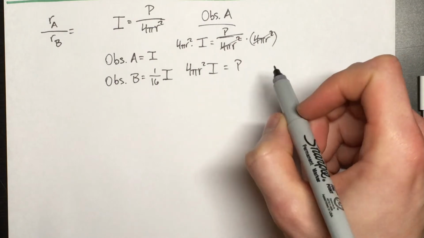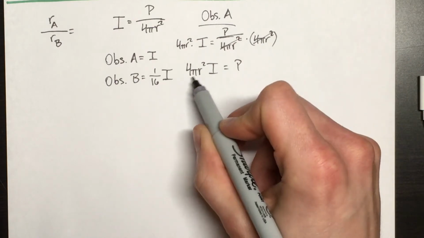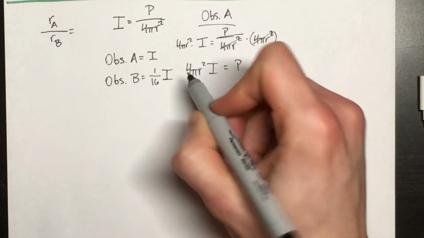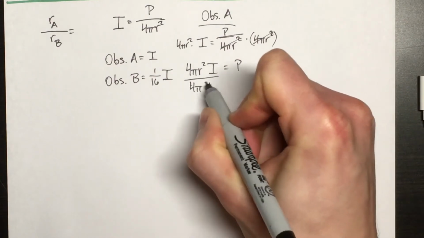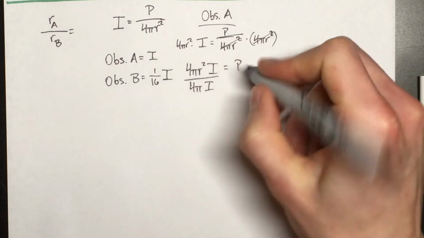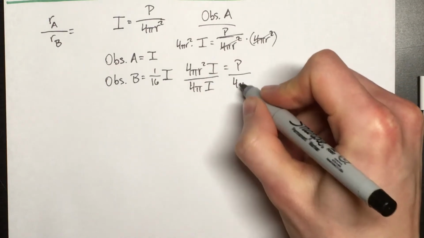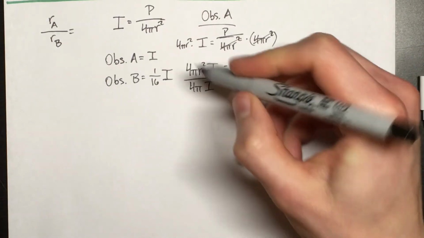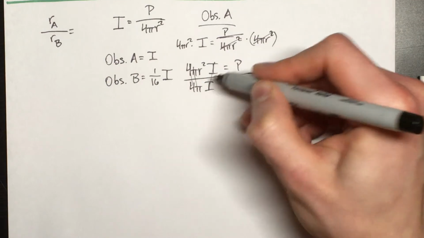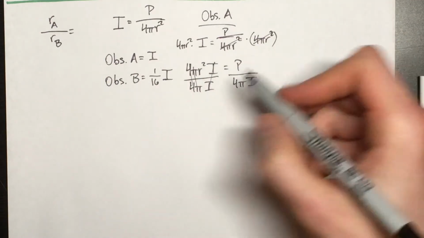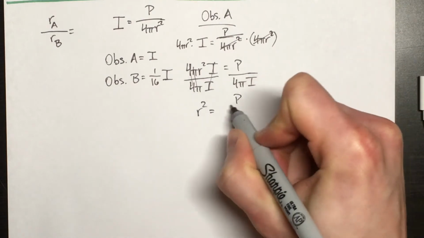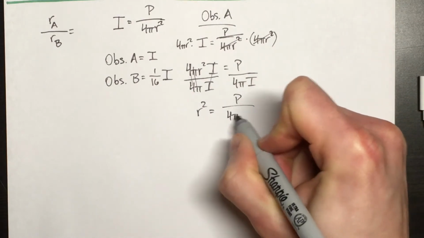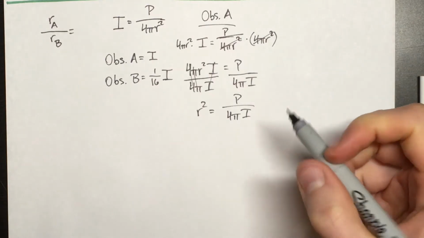We can divide both sides by everything that isn't r, so we divide both sides by 4 pi I. The 4 cancels, the pi cancels, the I cancels, and we just have r left. So r squared is equal to P over 4 pi I.